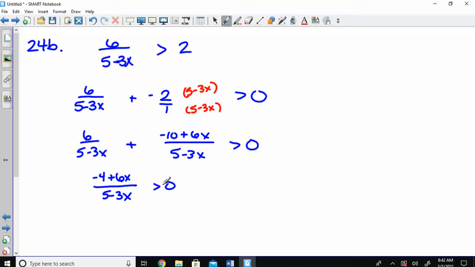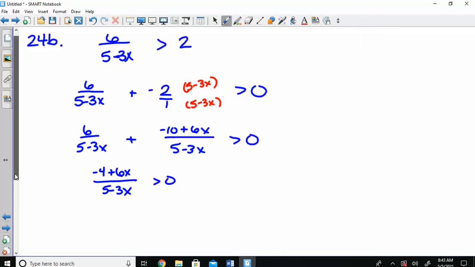Alright, at this point, if I want to get a positive, that can happen 2 ways. If you take a positive number divided by a positive number, or a negative number divided by a negative number. So what we had to do was set up what's called a sign line. So part A starts here. You have your fraction greater than 0.